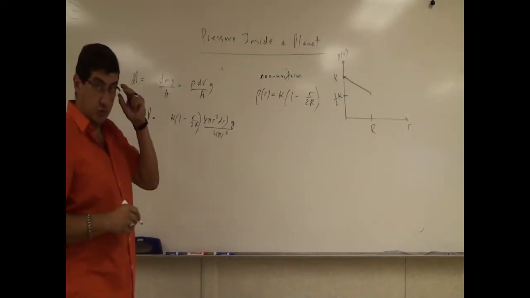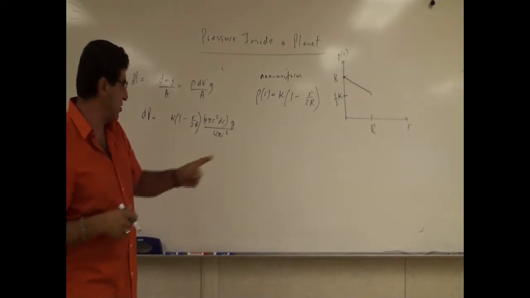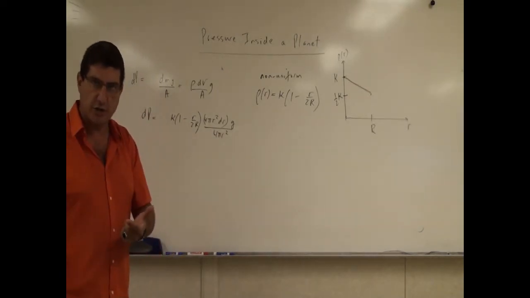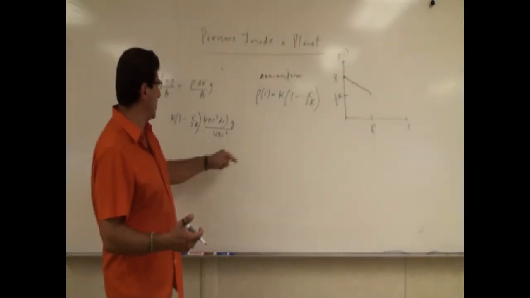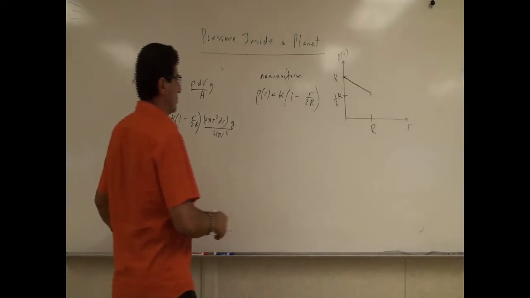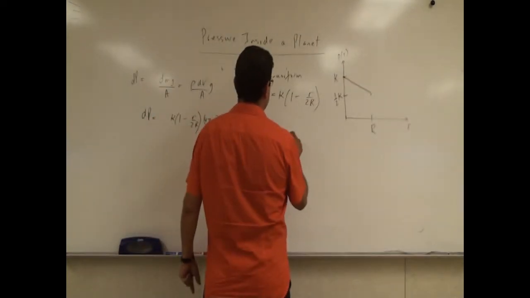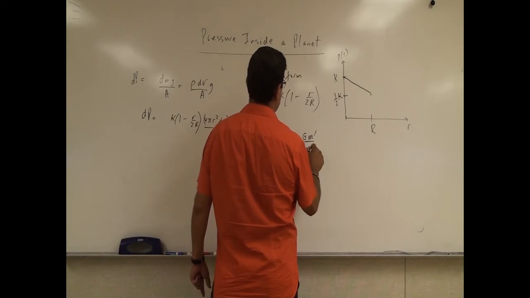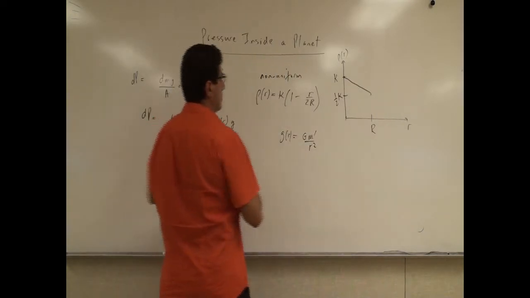So now we have to do a calculation for the gravity g inside of that planet as a function of r, right? We have to derive another equation. And then we have to also solve for kappa. So let's see how that would work. g of r would be equal to G M prime over r squared, right?